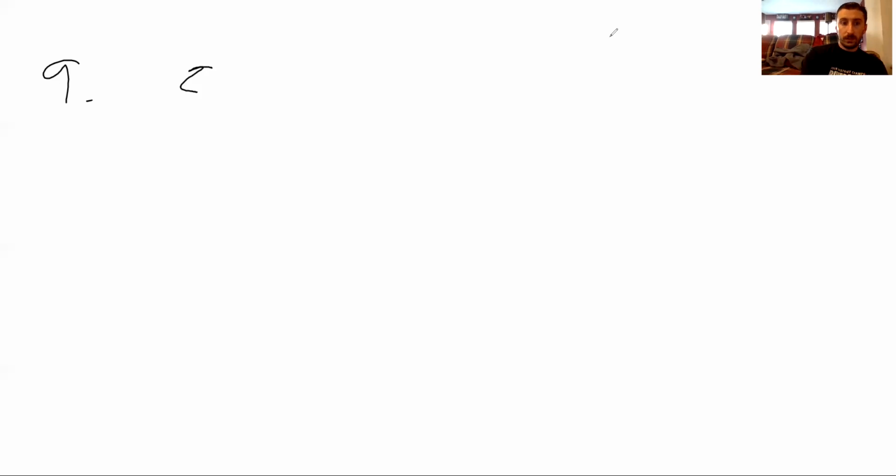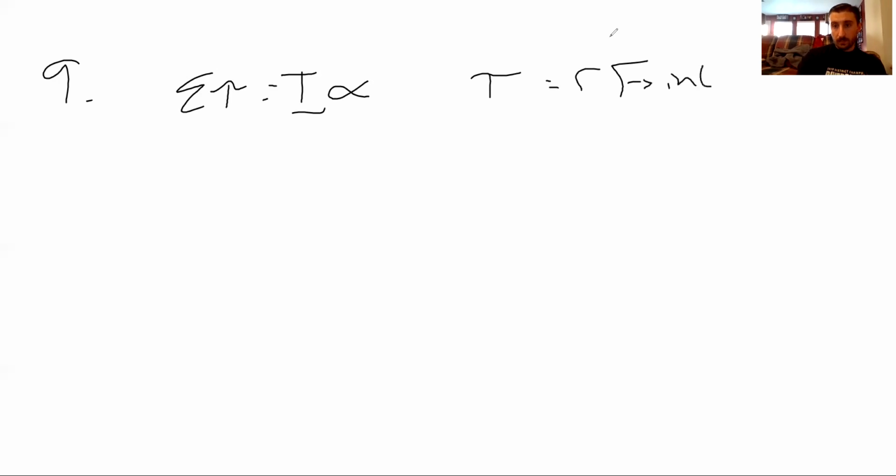Summation of torque equals I alpha, and that torque is R F sine theta, but in both our cases here it's perpendicular, so it's just going to be that. So when I look at this, the only torque acting on the door is going to be the force.